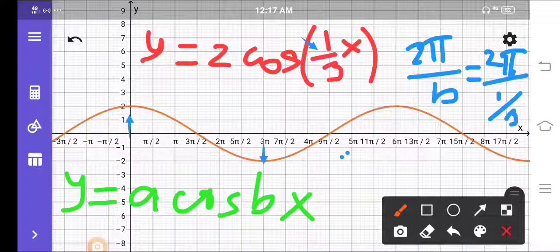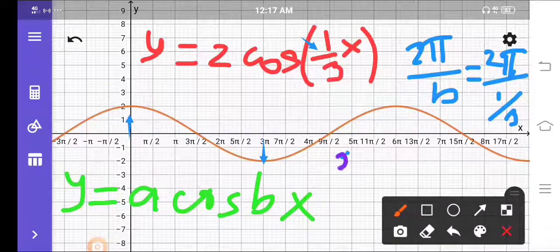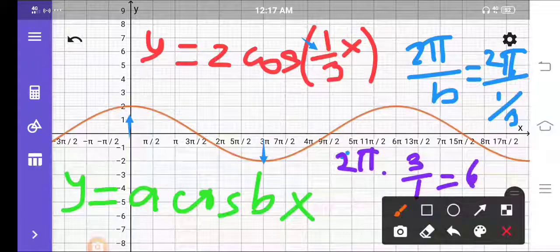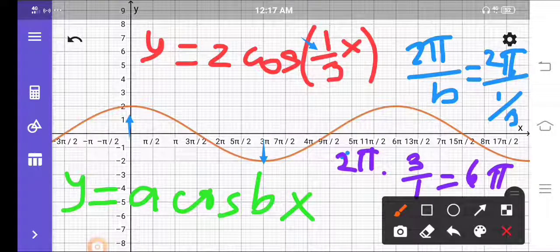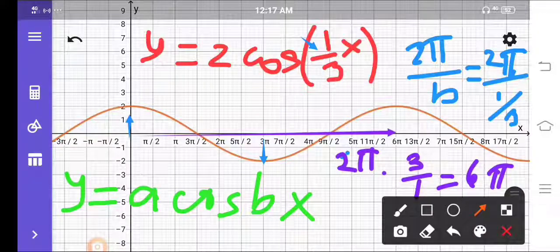So we get 2 pi times 3 over 1. So our period is 6 pi. The period is one complete cycle from 0 to 6 pi. That is one complete cycle.